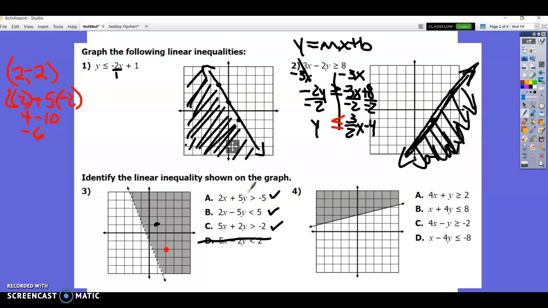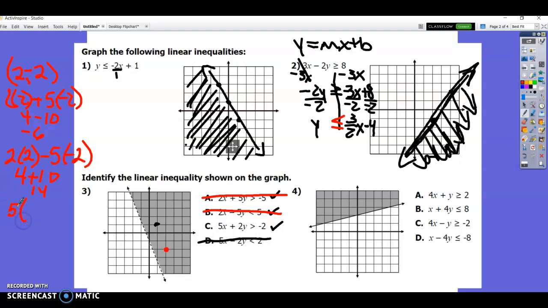Negative 6 is not greater than negative 5. All right, so we can mark that one out, and let's try the next one. So we've got 2 times 2 minus 5 times negative 2. So that's going to be 4 plus 10, or 14. 14 is not less than 5, so that doesn't work either.